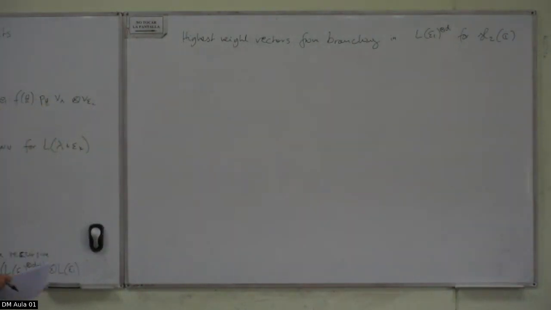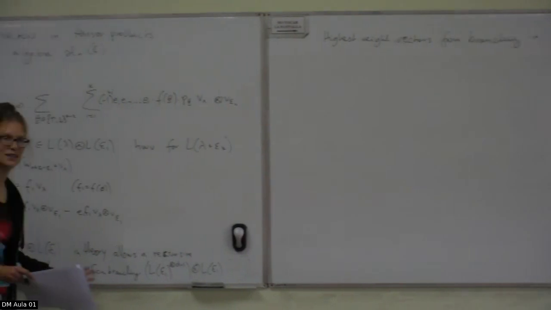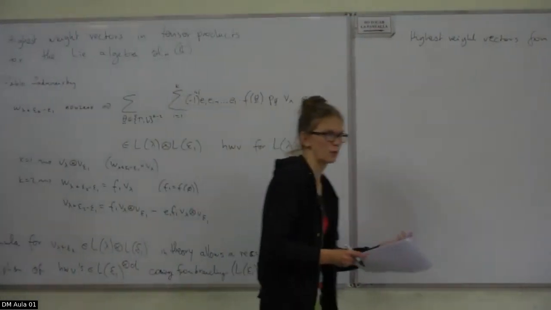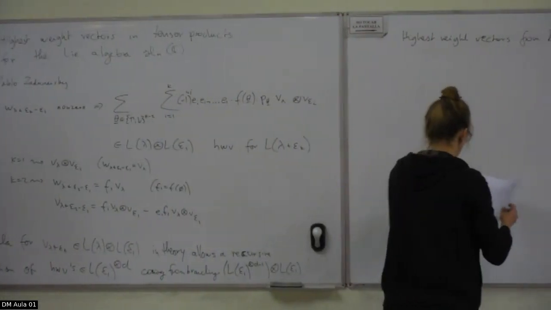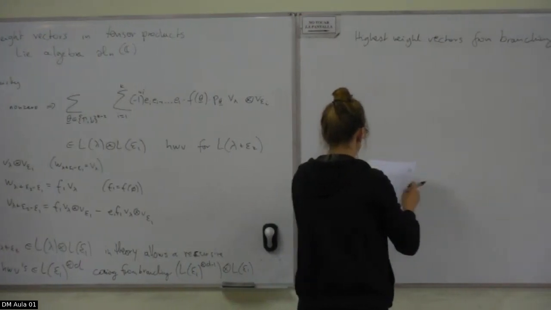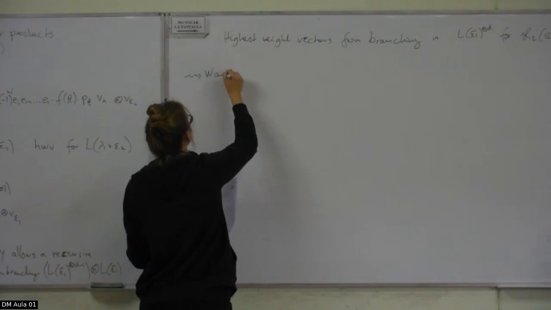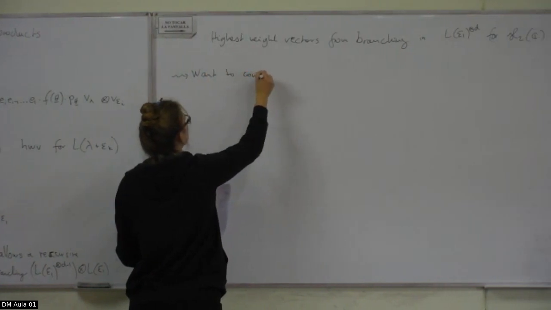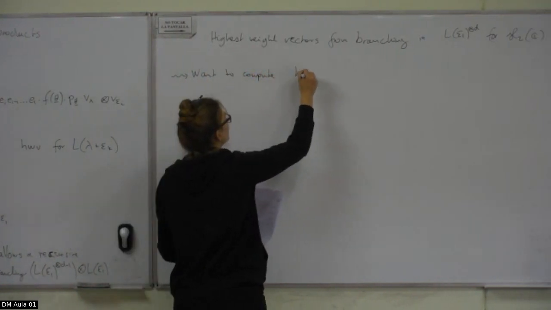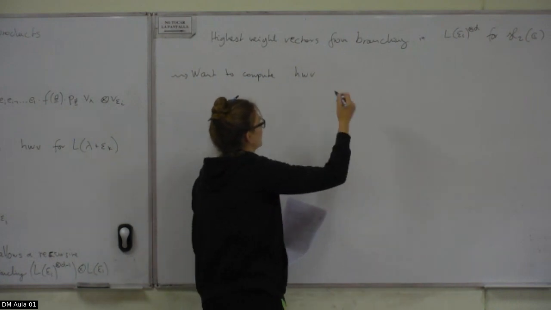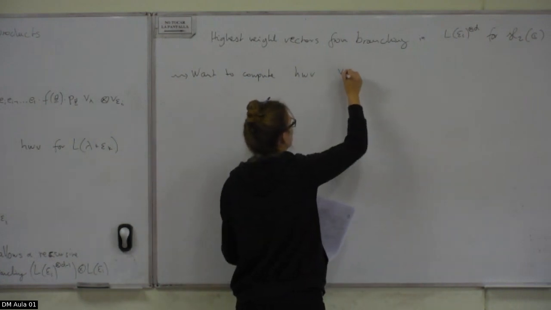When following this recipe that I just described mainly in words down here, we want to compute the highest weight vector that we want to denote by Vt.